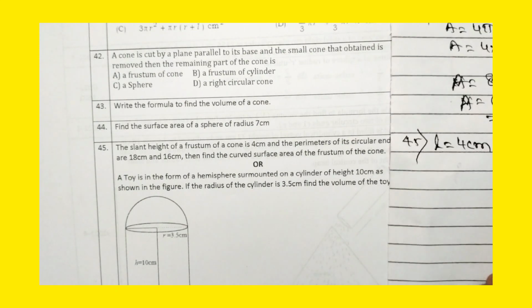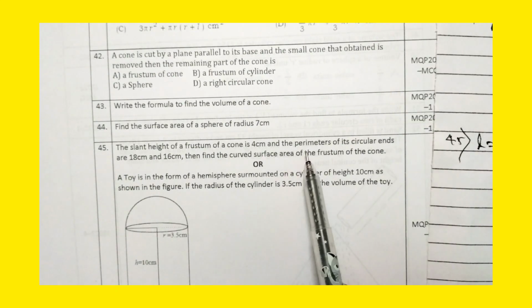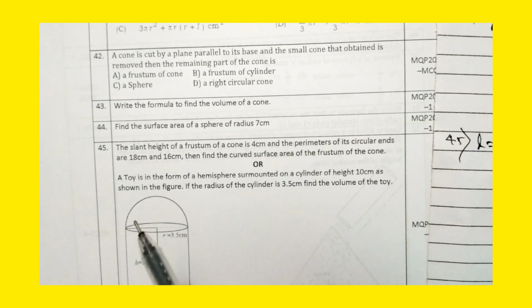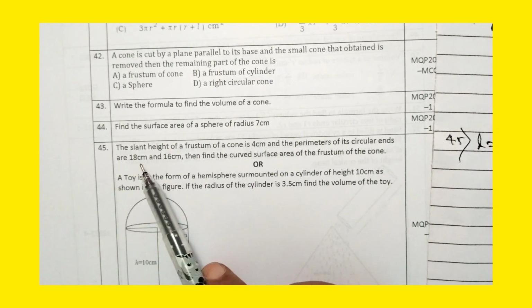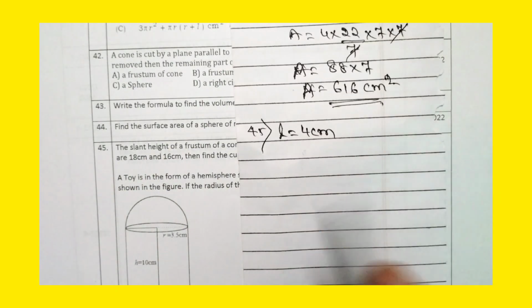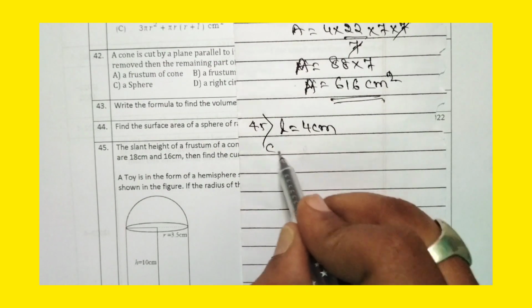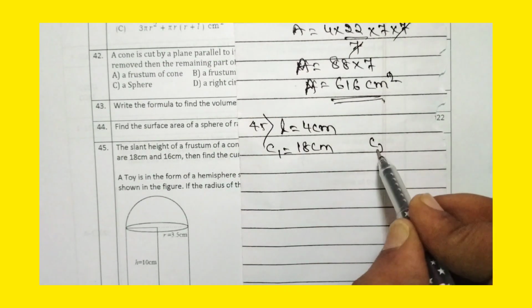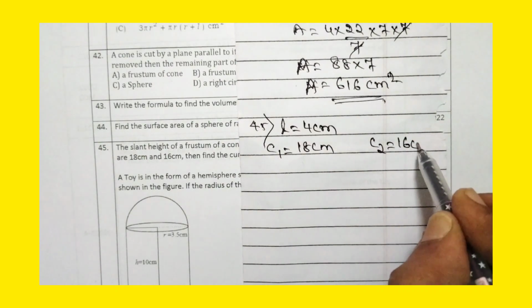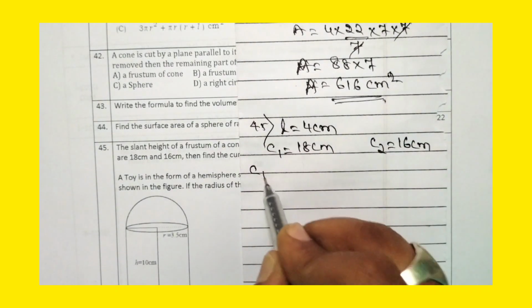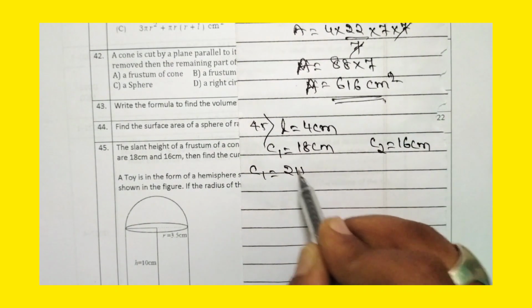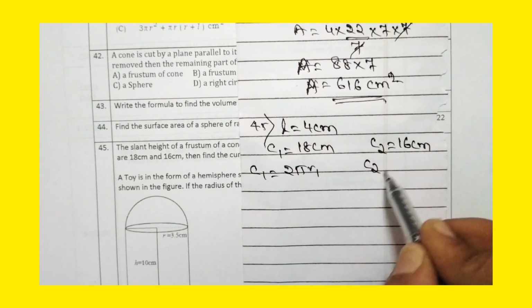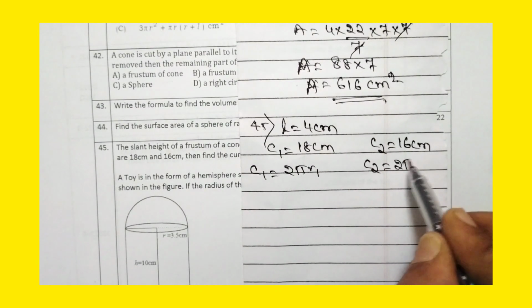So now let us answer. Here the perimeter is given, so using the perimeter we have to find the radius. C1 is equal to 18 centimeter and C2 is equal to 16 centimeter. C1 is equal to 2 pi r1 and C2 is equal to 2 pi r2.